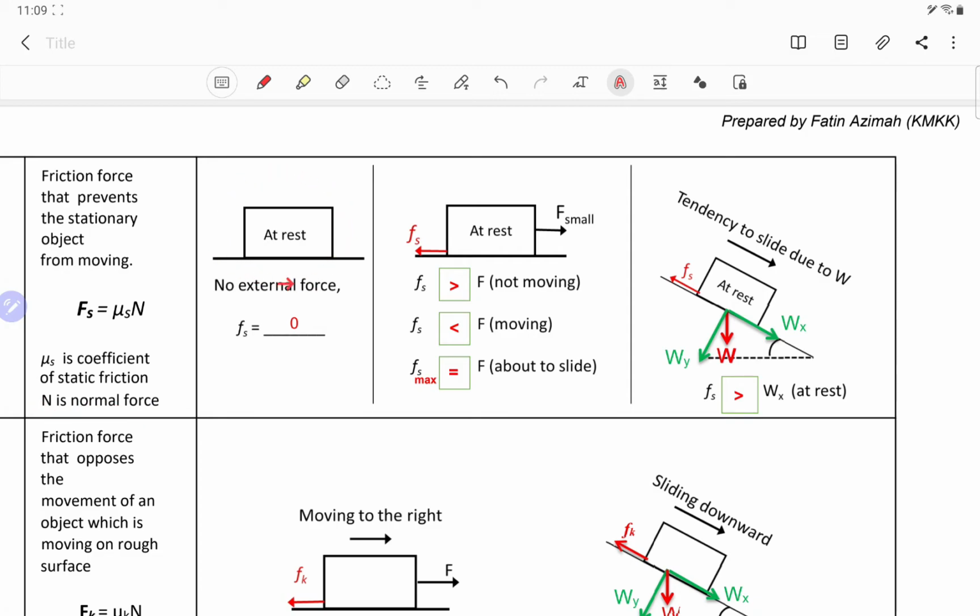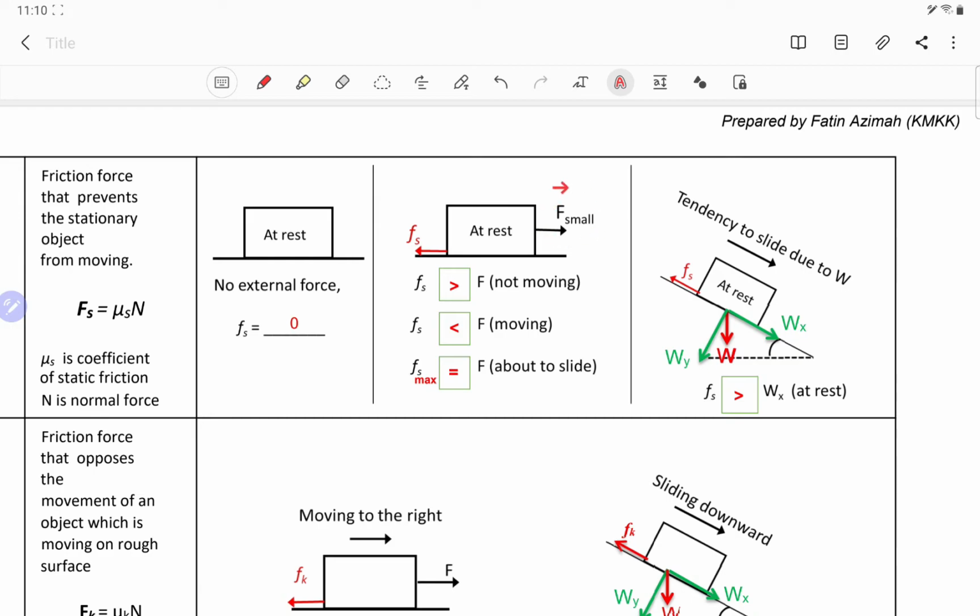When an object at rest, tak ada external force, tak ada objek yang menarik ataupun menolak dia. So, the friction force is equals to 0. Okay, so for this case, an object, kita ada apply force, kita tarik dia. But then, dia masih lagi tidak bergerak. Dia at rest. Meaning that, we have a friction force acting on the object. Okay, yang melawan force kita. If the magnitude of the static friction is greater than the applied force, therefore, the object will not move.